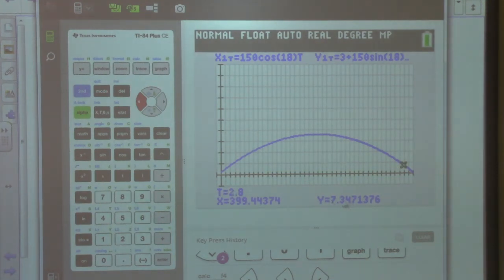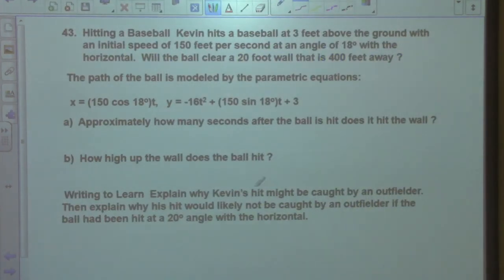So we're at 2.8 seconds and about how high on the wall? 7 feet. So about 7 feet. So we will say 2.8 seconds, and it says about 7 feet, right?